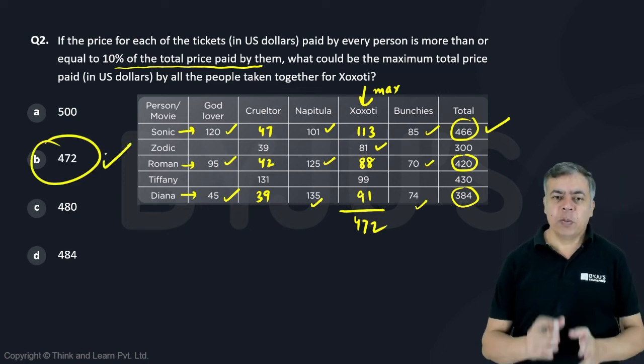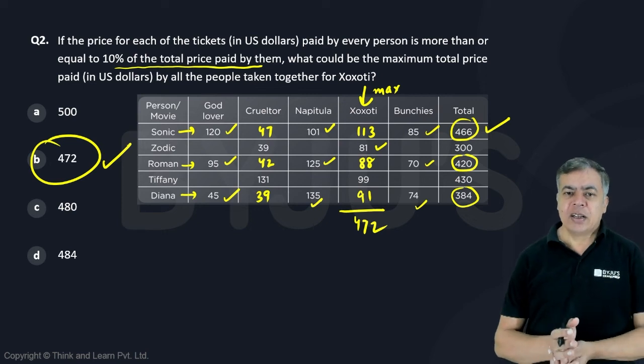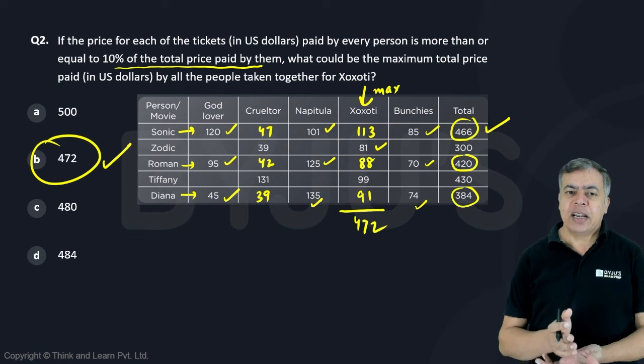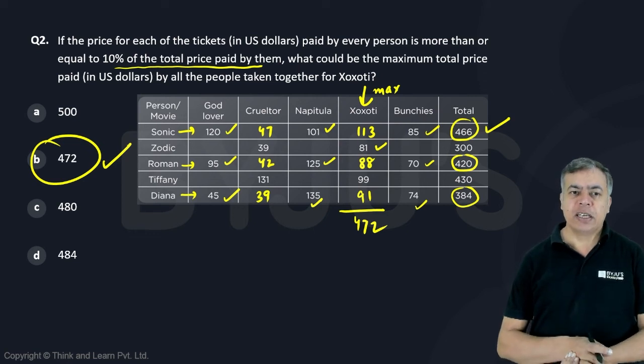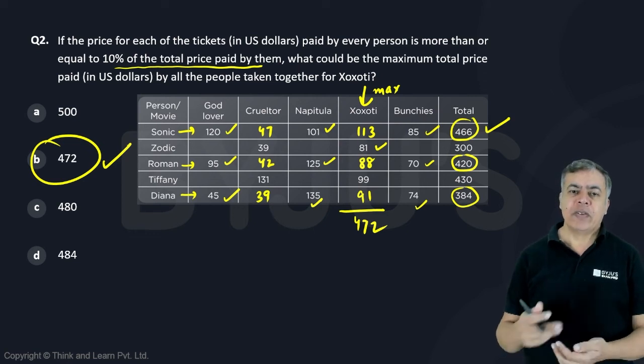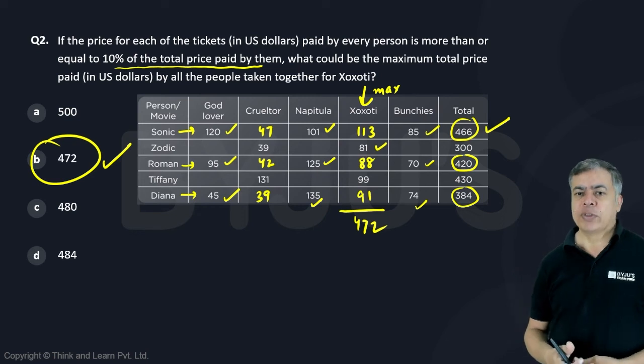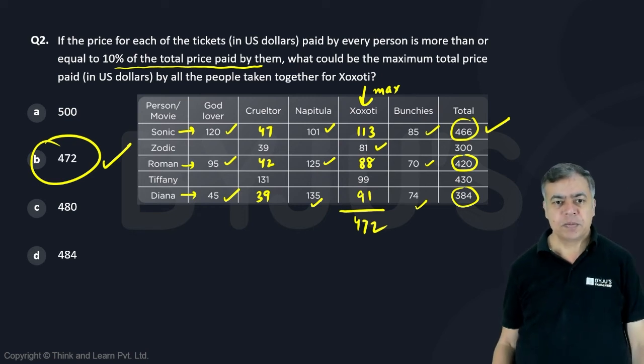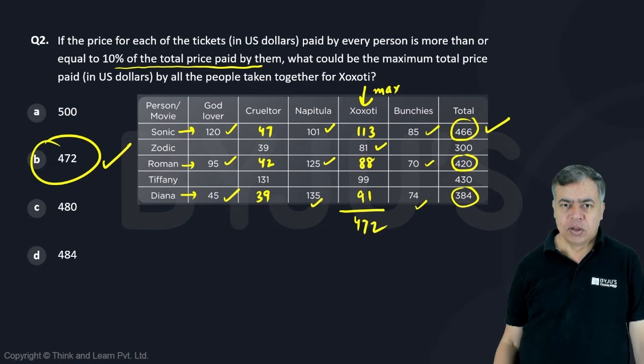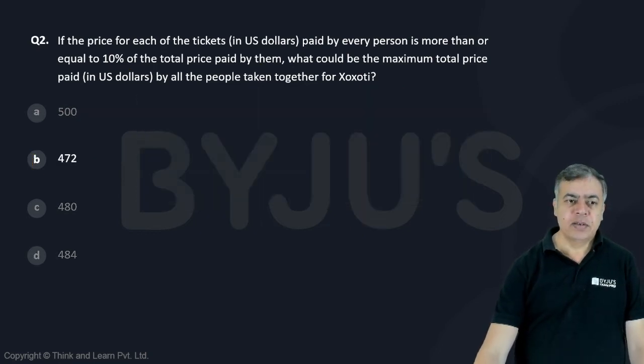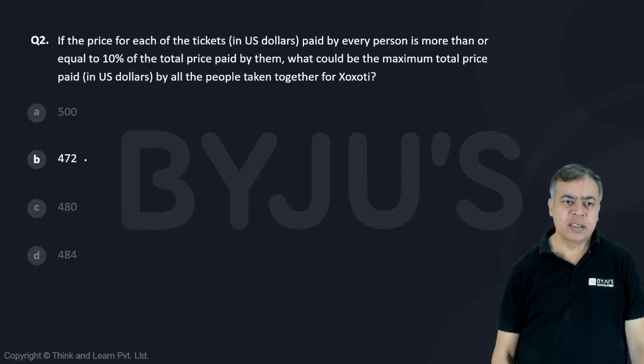I hope you are getting it: to maximize X, the cost of movie X, I am minimizing the cost of movie C, and the minimum given is that every price should be 10% or more of the total, right? Okay, so let's move to the next one. Yes, 472 is correct.